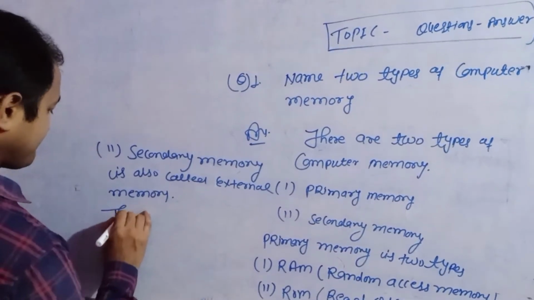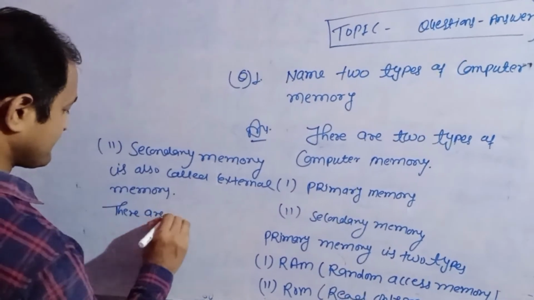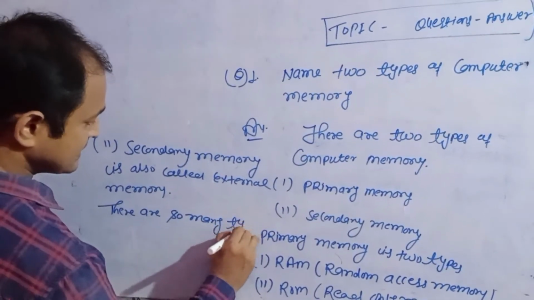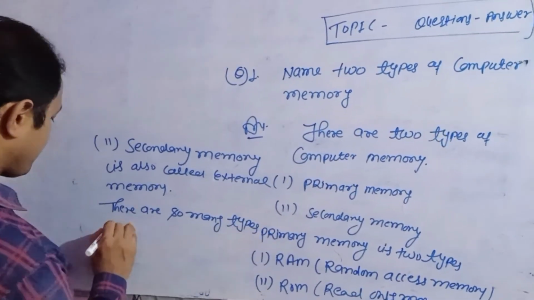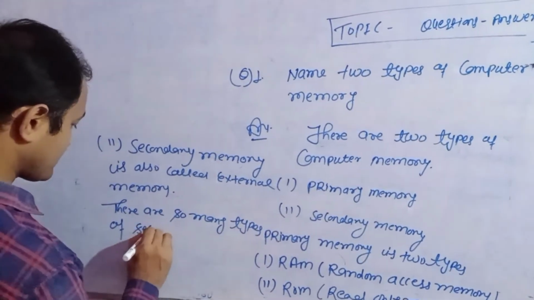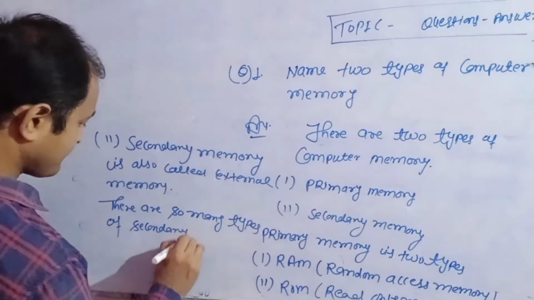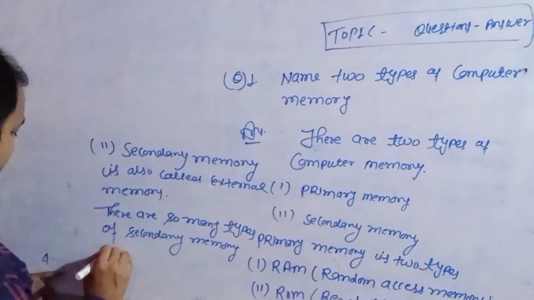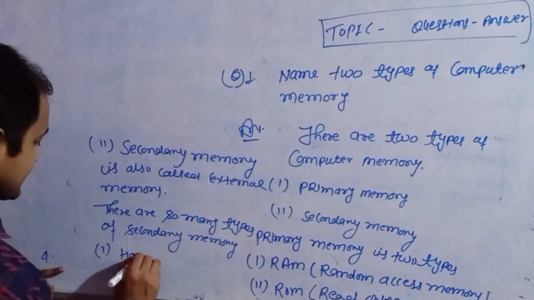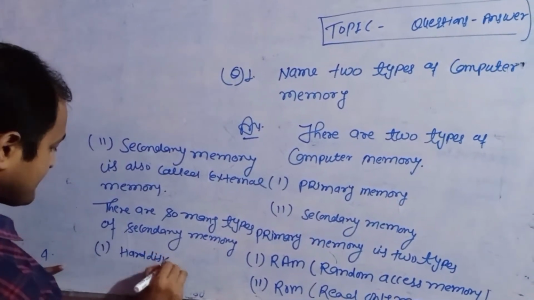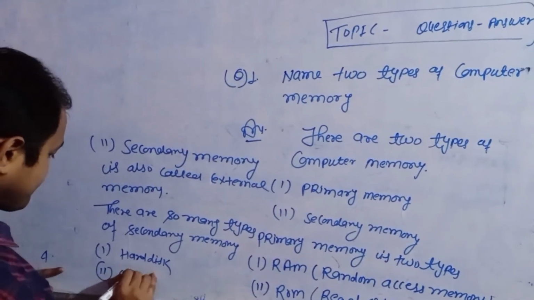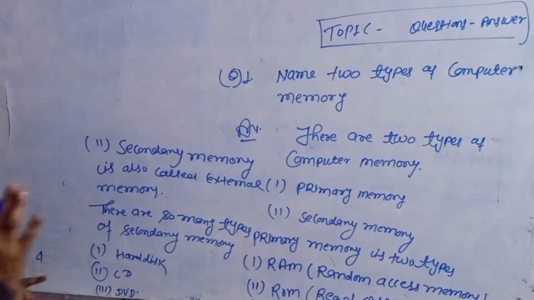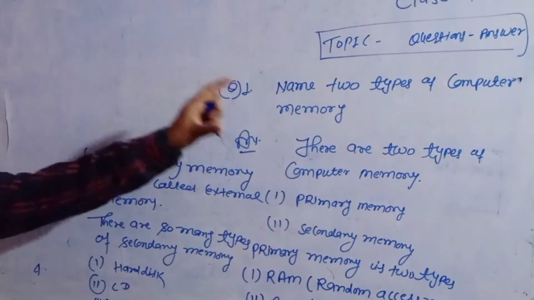There are so many types of secondary memory. First, hard disk, CD, DVD, and so on. This is the first answer complete.